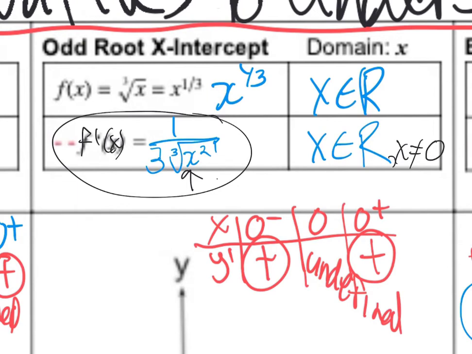So does not exist means you can't even enter into a calculation, whereas undefined means you can enter into a calculation, but the answer just doesn't make a lot of sense. So I should have subtly mentioned that. So at x equals 0, the slope is undefined. It's not that it doesn't exist, it's just undefined. There is slope, it's vertical. Okay, so something that does exist, but you can't quantify would be undefined.